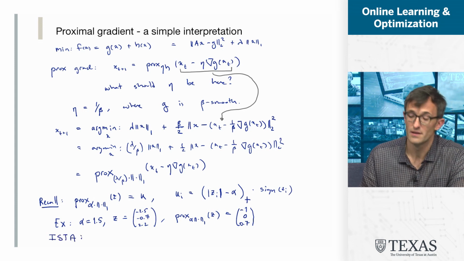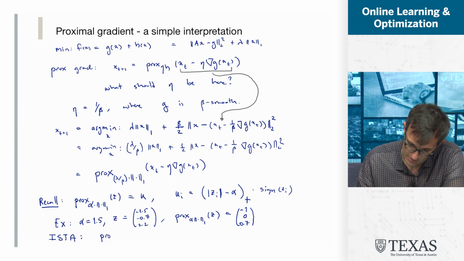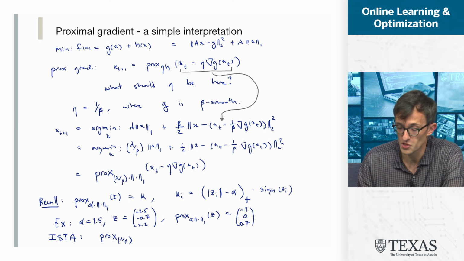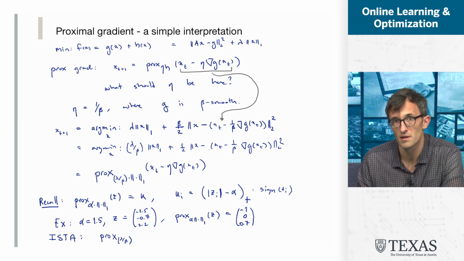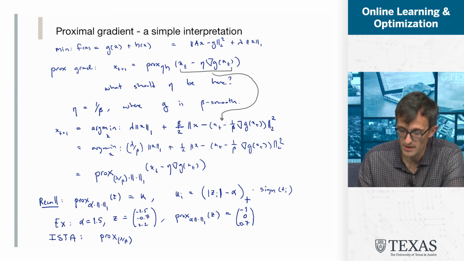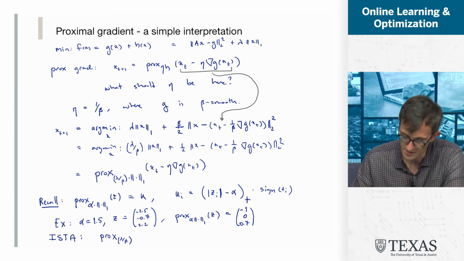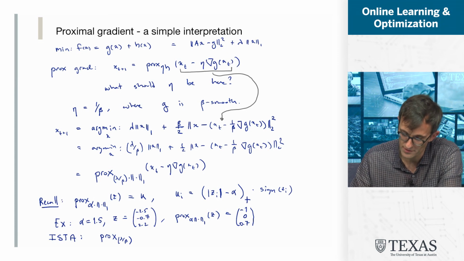ISTA, for our function here, is this shrinkage operator, the prox of lambda over beta. And now you'll have to remind yourselves, what is beta? What is smoothness for this norm? I'll give you a hint. It has something to do with the eigenvalues of A transpose A. That's something for you to think about.